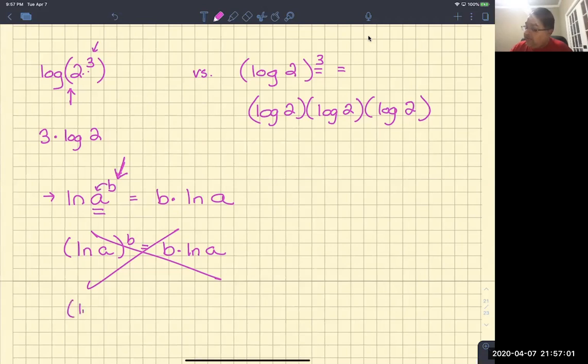In this example, for the exponent b, the whole natural log of a is the base, okay? So you can't do the power rule when the problem is written like this, where the base of the exponent is the entire natural log or the log.